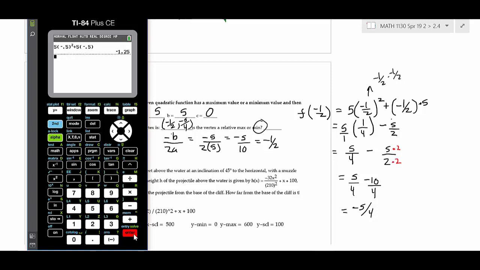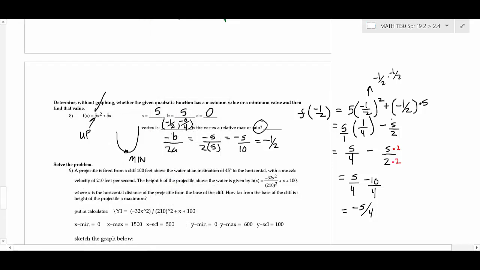That gives me a decimal, negative 1.25. If I go to math, you can convert back to a fraction. That's the lazy man's approach. So it's negative 5/4. These calculators do fractions, so check and verify everything you do. So we have the vertex, and we know that it is a minimum.